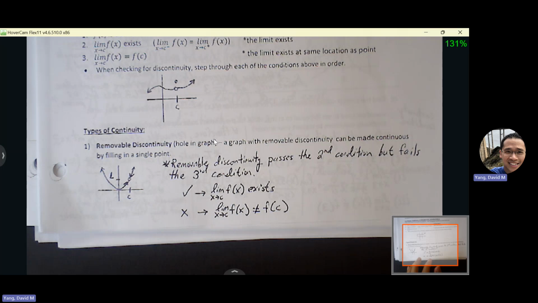So that means the limit does exist, but it just doesn't have that hole filled in.